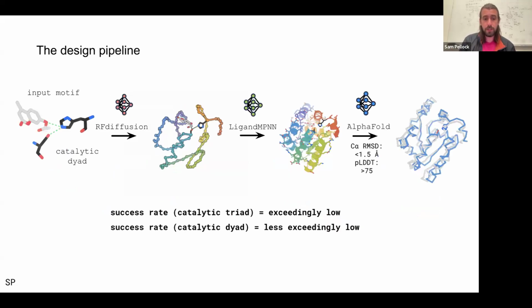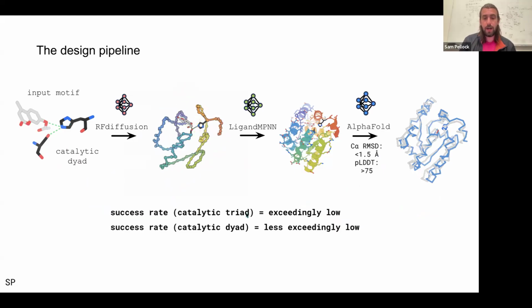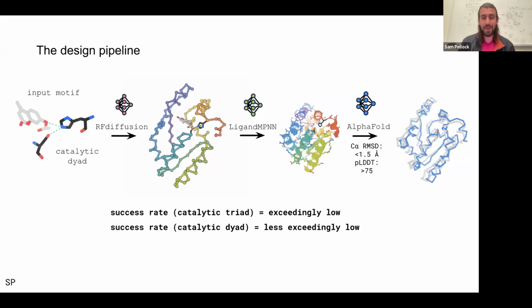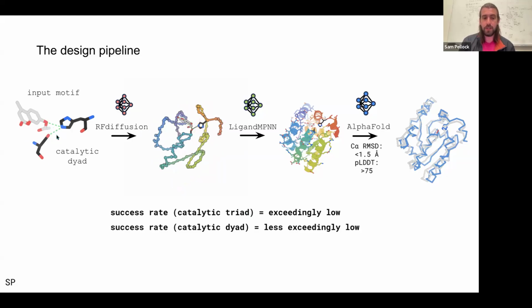And so we used this approach, starting with simplified motifs of just serine histidine dyads. And the reason why we did this is because for initial motifs that we were using with RF diffusion, our in silico pass rates were exceedingly low. And basically what that means is that nothing was passing. And so what we decided to start off with is just a simplified version of the motif to increase our in silico pass rate.